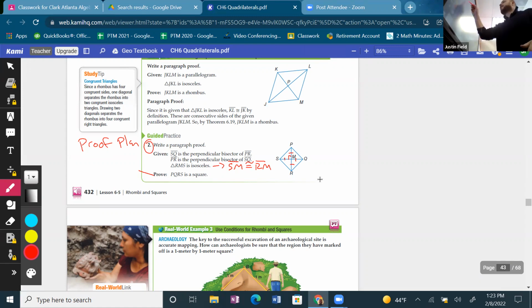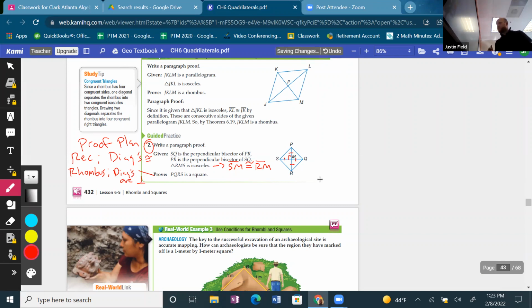Well, we know that a quadrilateral is a rectangle if and only if the diagonals are congruent. Do you see that the diagonals here are congruent? They are. And it's a rhombus if and only if the diagonals are perpendicular.